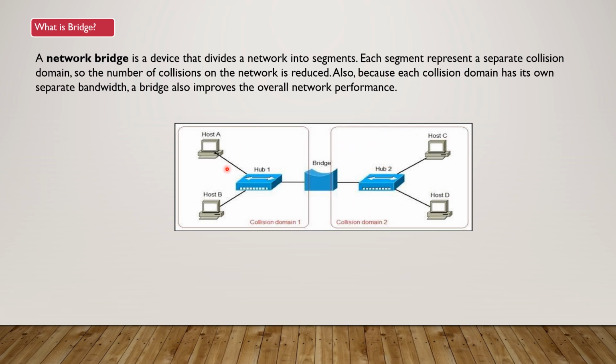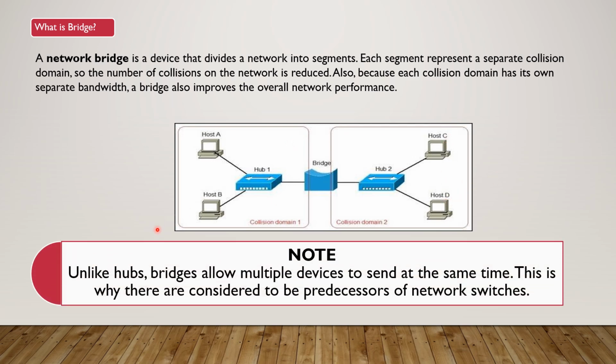The two collision domains don't interfere, so collisions are reduced and network connectivity is improved by the bridge itself. Unlike hubs, a bridge allows multiple devices to send at the same time. This is why bridges are considered predecessors of network switches.